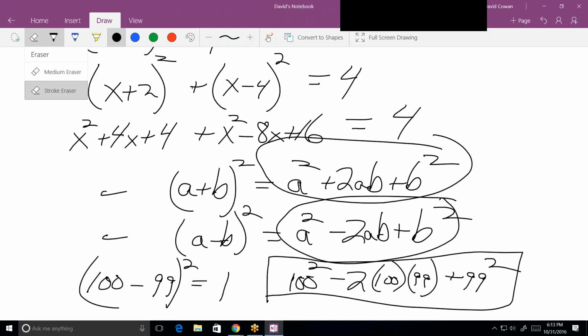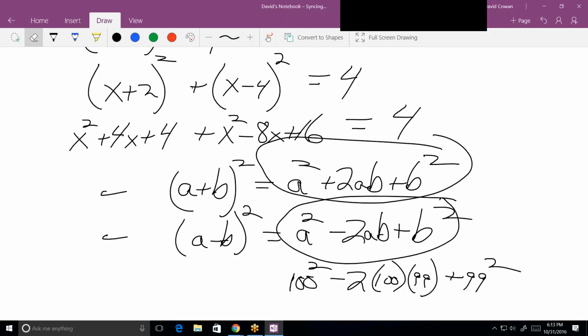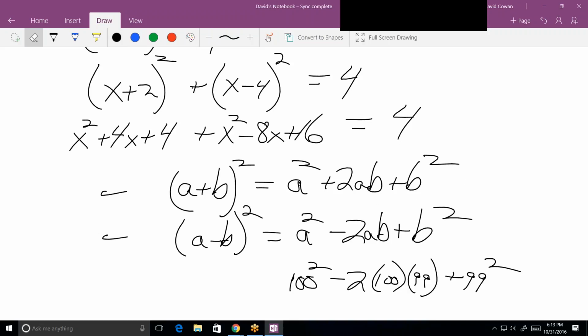And the only reason I bring that up is because that's something you're liable to see on the SAT in the non-calculator portion, but mainly to make your math easier. Because, like I said, you have to do this so often. With imaginary numbers, have you had imaginary numbers? Yeah. Well, if I had 2 plus i squared, I can do it a lot quicker using that than I can foiling it.